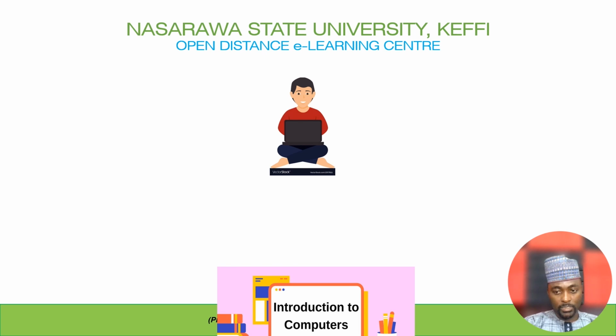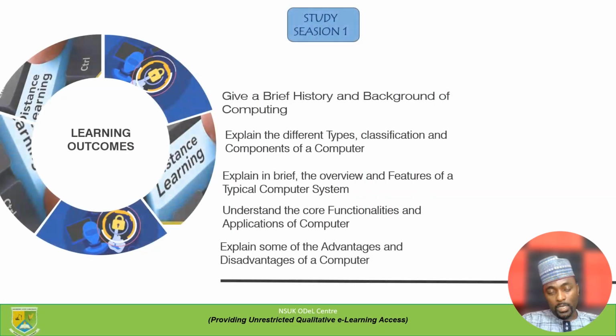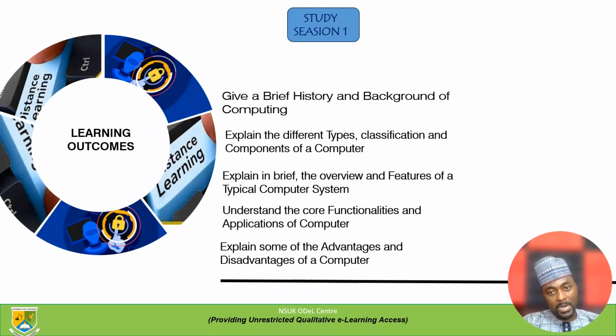At the end of this study session, you should be able to give a brief history and background of computing, explain the different types, classification, and components of a computer, explain in brief the overview and features of a typical computer, understand the common functionalities and applications of computer, and also explain the disadvantages and advantages of computer.